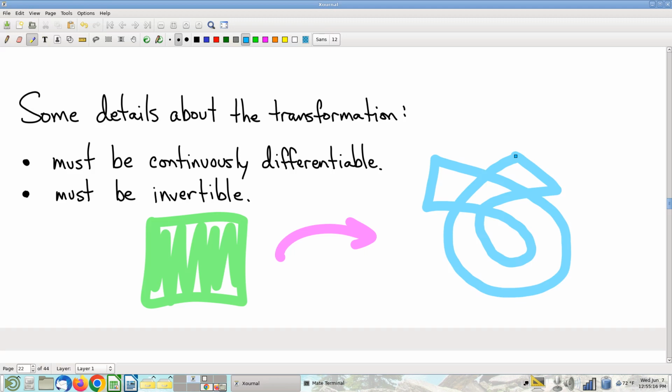You could imagine taking your green rectangular shape, stretching it out and then twisting it over itself, and then you're going to have a problem with this stuff here.